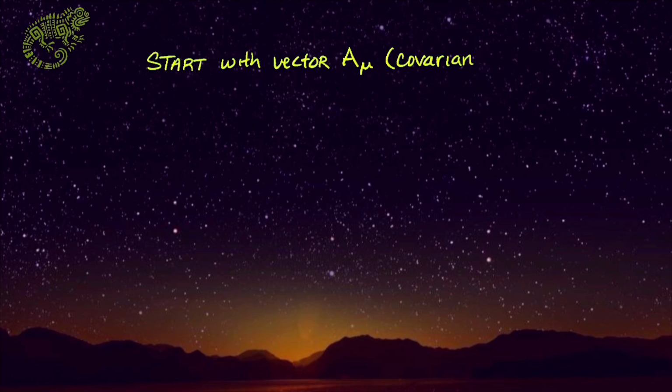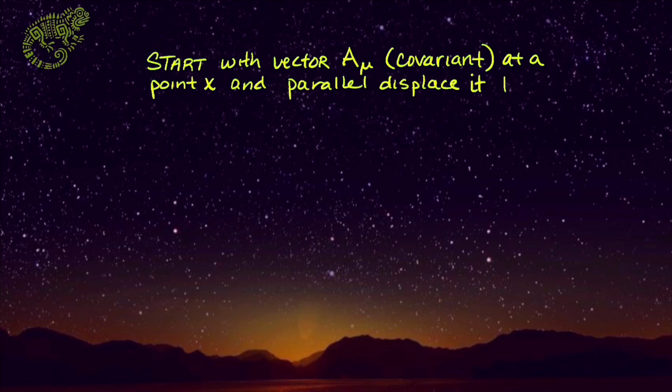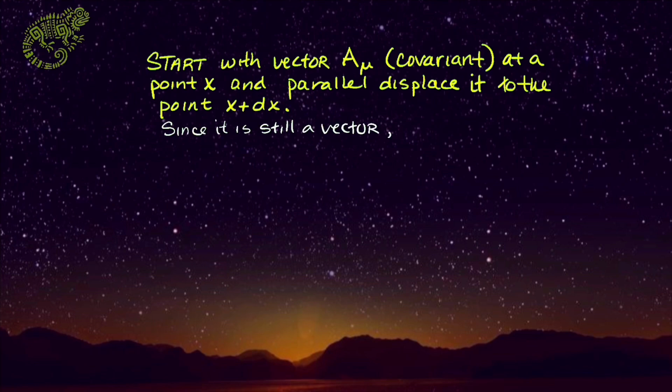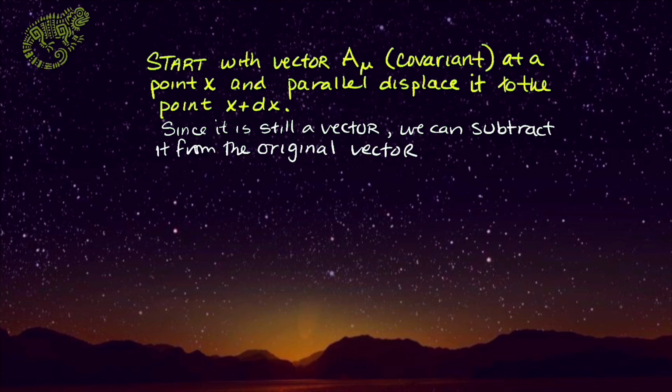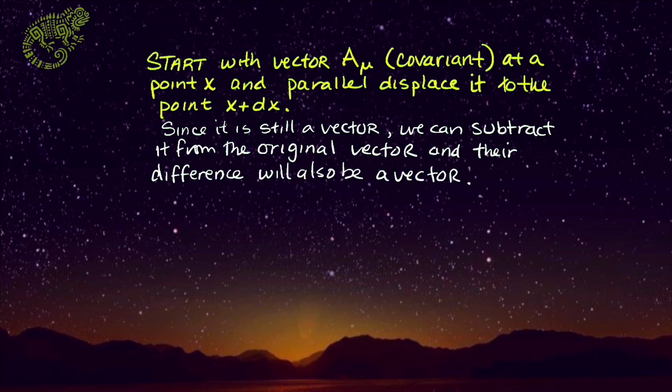We start with the vector A mu, a covariant vector, at some point x, and of course we parallel displace this point to the point x plus dx. Since it is still a vector, we can subtract it from the original vector, and their difference will also be a vector.